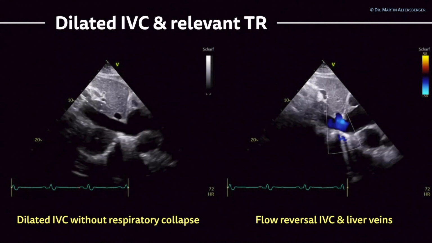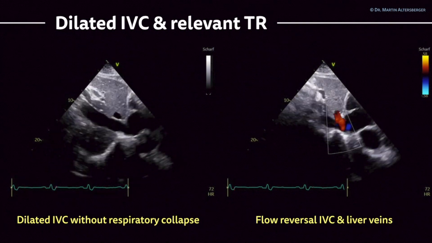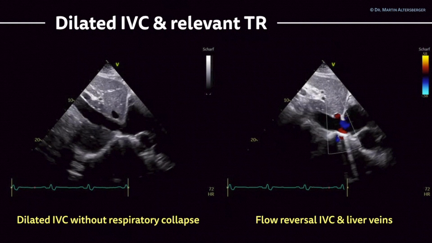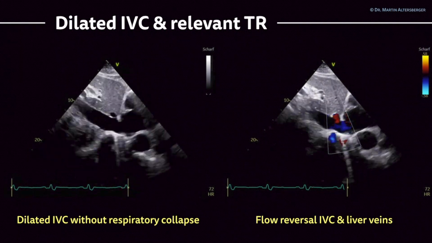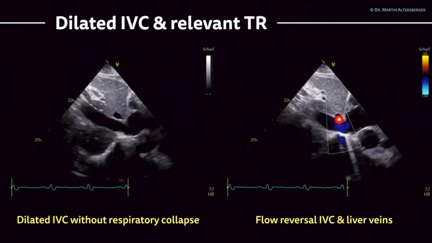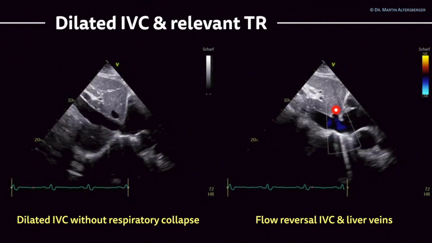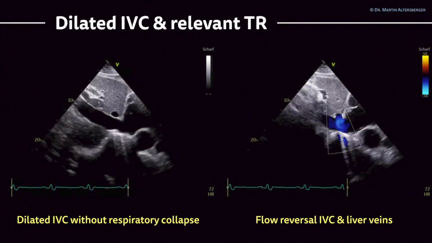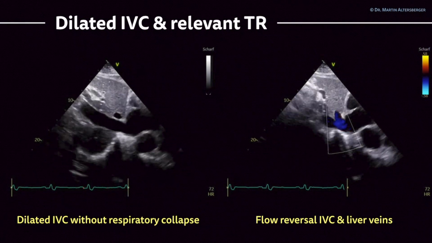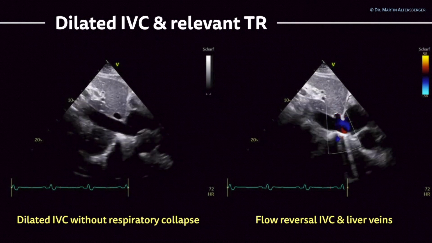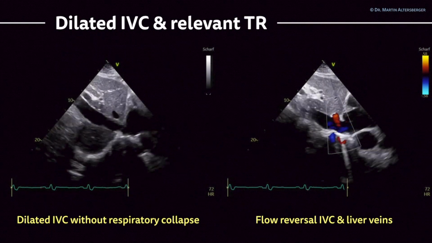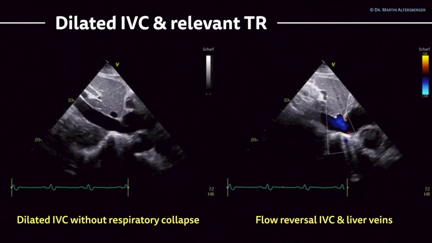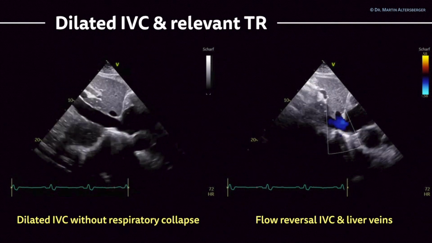So this indicates relevant tricuspid regurgitation, and it can also indicate elevated right atrial pressures. This is very important when we talk about measuring and visualizing the flow of the hepatic veins, for example, in constrictive pericarditis, but also when we are performing a VEXUS protocol. So it gives us already hints about volume status and many other pathologies as well.